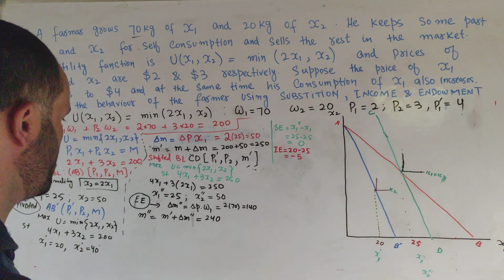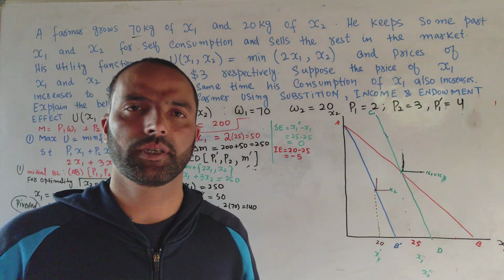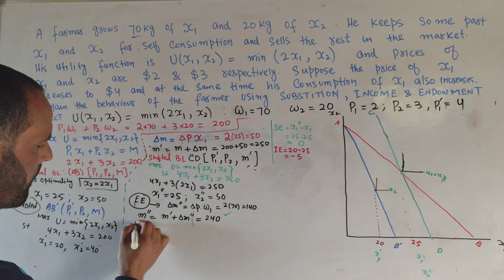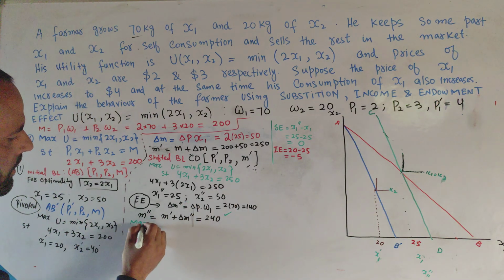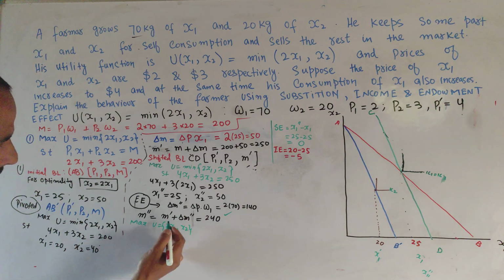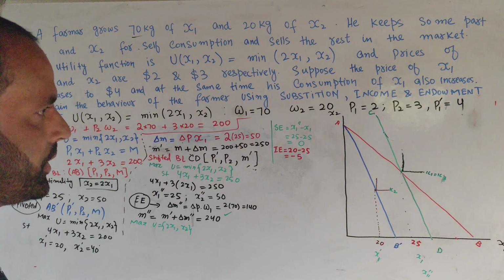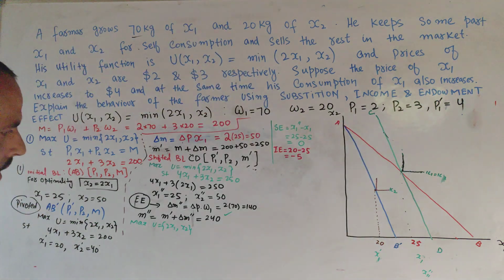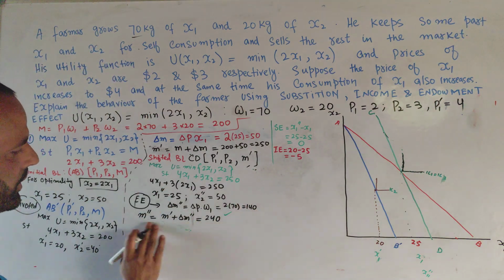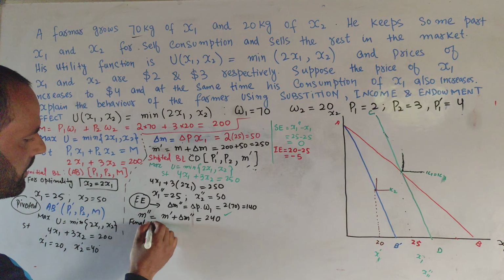Okay. So we need to find out the optimal consumption bundle when the endowment income has changed. Again, we will maximize U is equal to min of 2x1 comma x2 such that, now what is the price? We need to find out the endowment budget line also. So now we need to find out another final budget line.